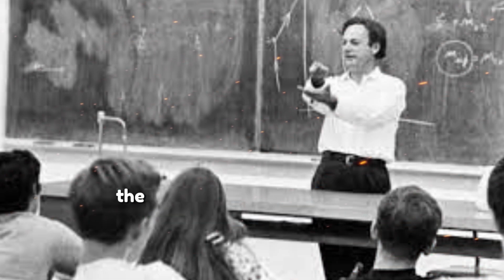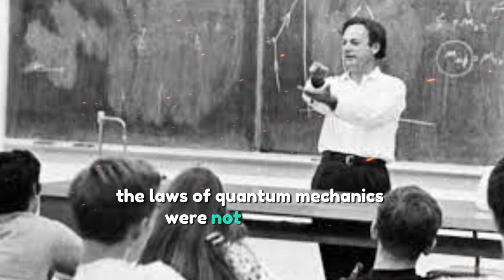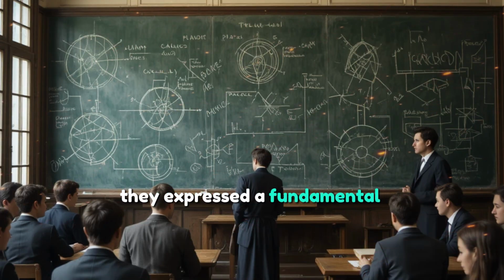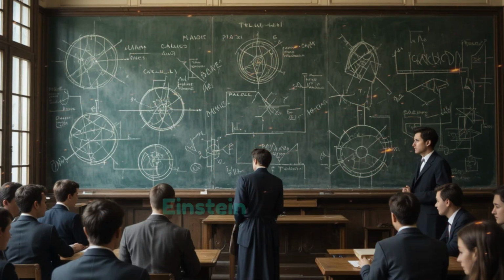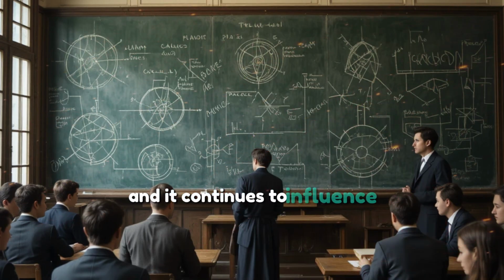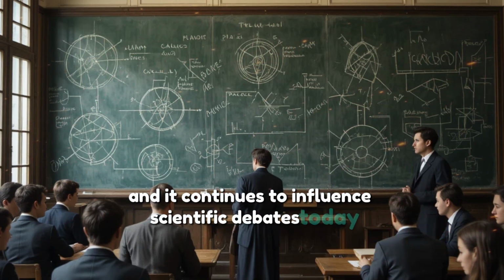Bohr believed the laws of quantum mechanics were not incomplete or temporary. They expressed a fundamental truth about nature. Einstein, meanwhile, believed there must be deeper hidden rules not yet discovered. Their disagreement was not resolved, and it continues to influence scientific debates today.